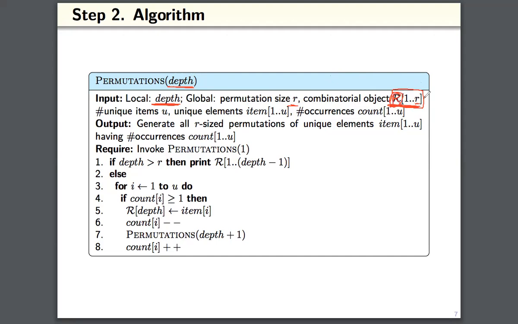Whenever we generate this, we print it or visit it or use it or process it. Assume that we will just process it. We don't need to store it in a big array, because space is very important. Typically, whenever you deal with backtracking algorithms, you don't store it.